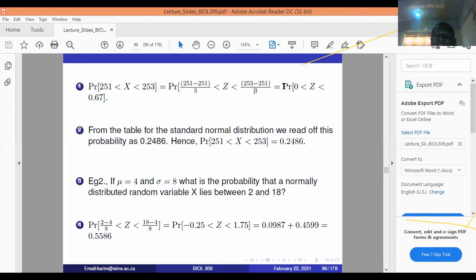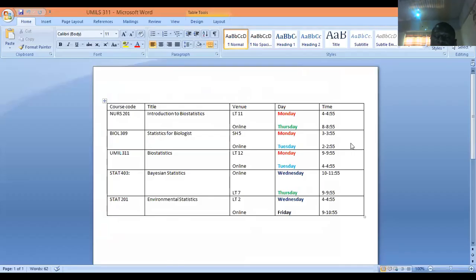Now, what do we have to do? There is a table, which we call the Z table. We will then read these values from that table, which I'm going to share with you now.